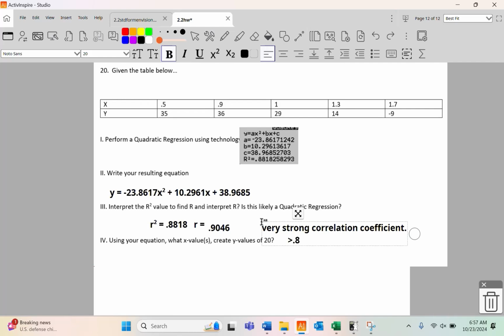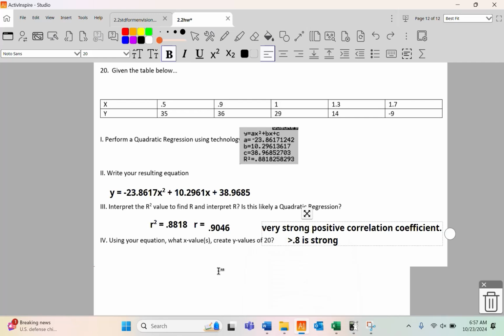Some books say 0.7, but generally greater than 0.8 is strong. And the closer you get to 1, the better off you are. And let me say it's a very strong positive correlation, because the r value is positive. So this is very likely a quadratic regression.